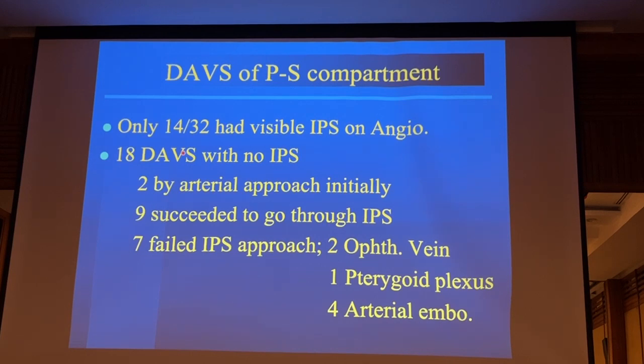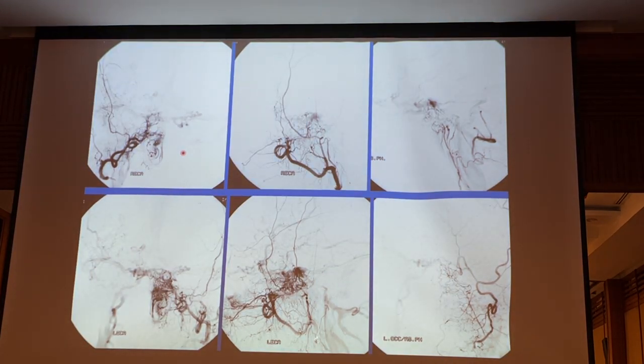The angiogram showed the root of the inferior petrosal sinus. The rest of it, we couldn't see it. In 18 of the cases we couldn't see it, but we were able to go through the occluded segment of the inferior petrosal sinus, but in 7 of the cases we couldn't do it. This is certainly easy if you can see the inferior petrosal sinus, go through the jugular vein and reach the cavernous sinus relatively easily.